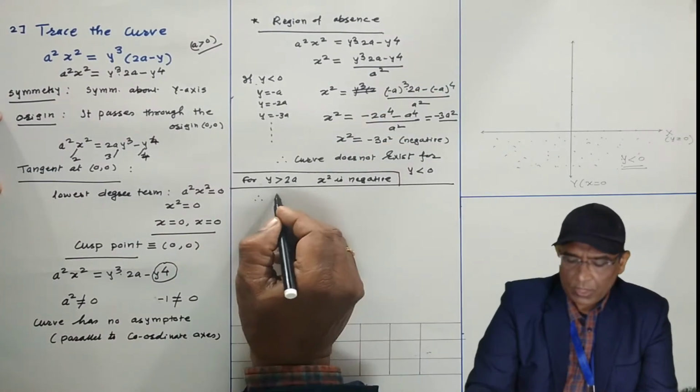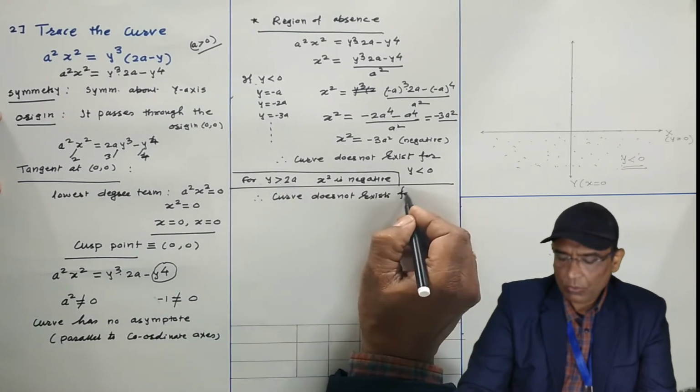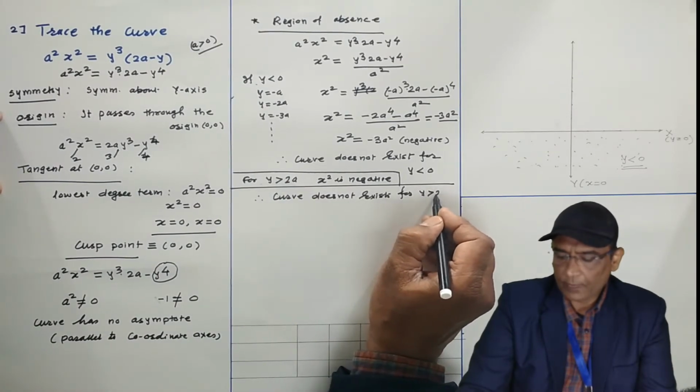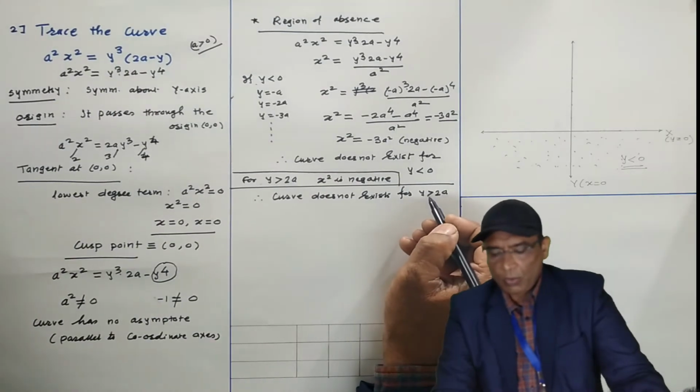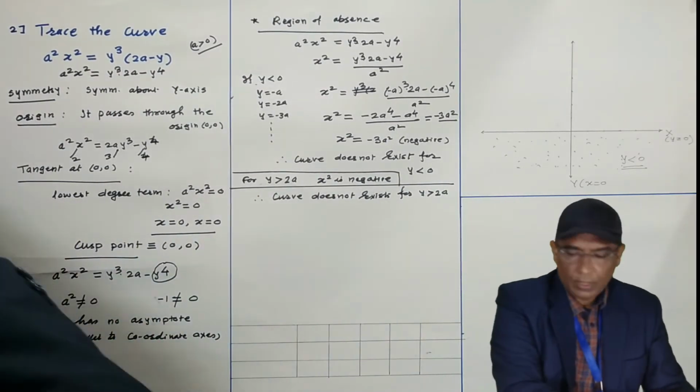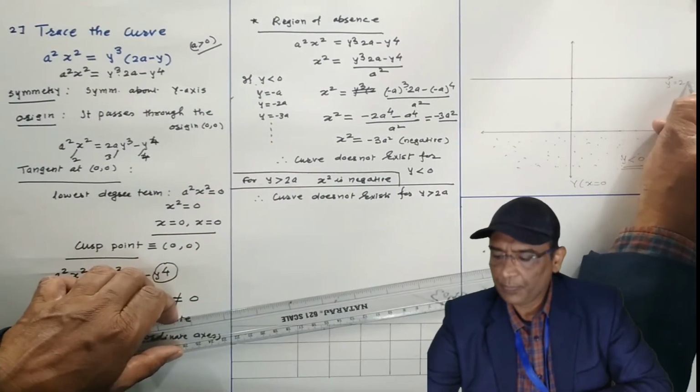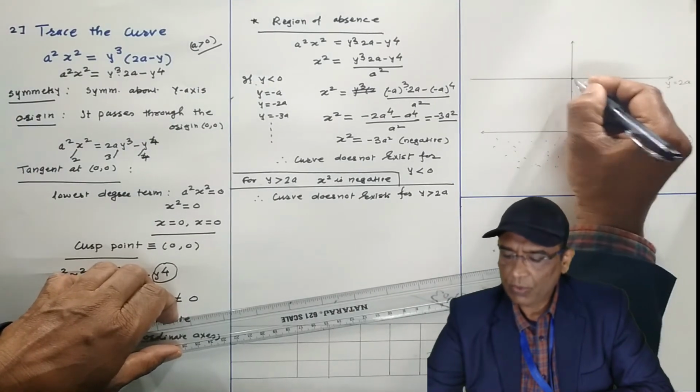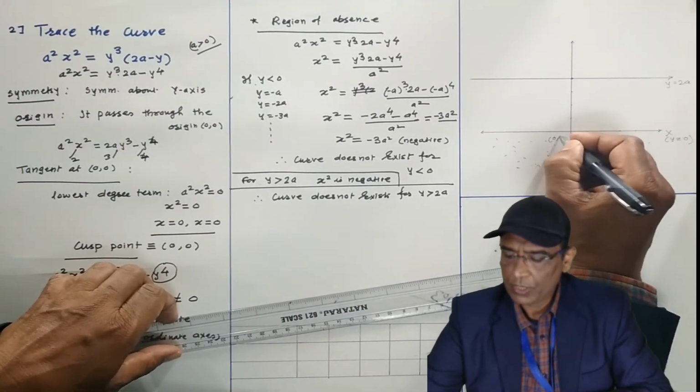Therefore, the curve does not exist for y greater than 2a. How do you draw this region? This is y = 2a, and this much value of y from the origin is 2a.